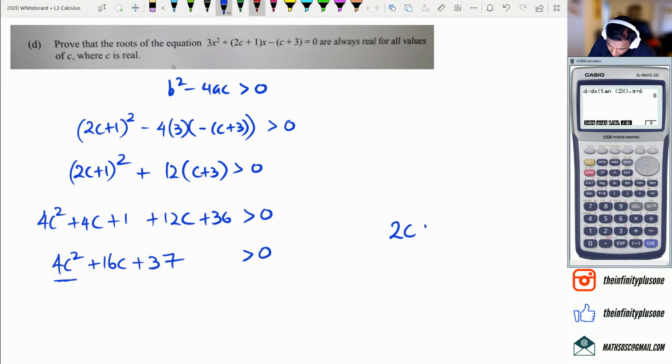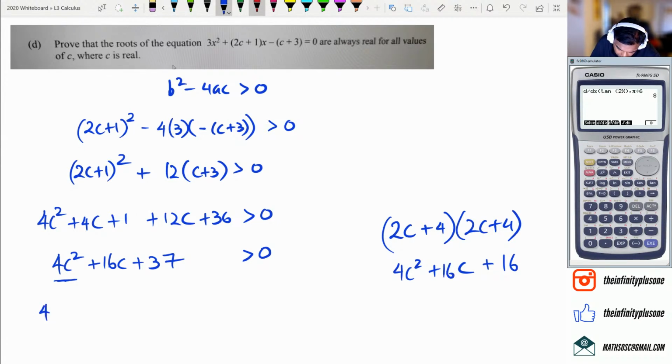So it's going to be 2c and 4. When we do 2c and 4, what we're going to get is 4c squared plus 16c plus 16. So what we're going to do is split this up as 4c squared plus 16c plus 16 plus 21, and that has to be greater than 0.